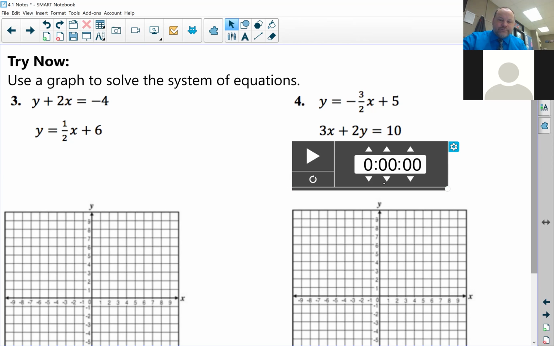So for instance, when you get the first one, go into the chat and type 3 period, and then put the point where they intersect. Or if it's no solution, write no solution. If it's infinitely many solutions, type in infinitely many solutions. Go ahead and try those two. Again, I am going to mute myself. If you have a question, you can certainly ask it in the chat, and I will keep an eye on that. But I'm going to give you some time to take a look at those.